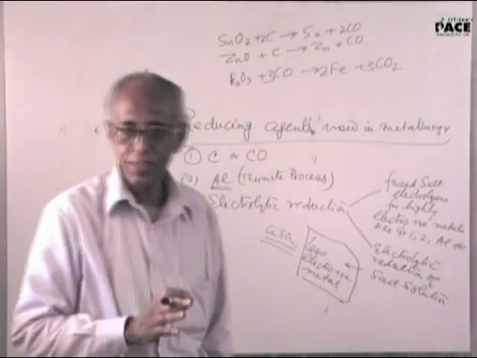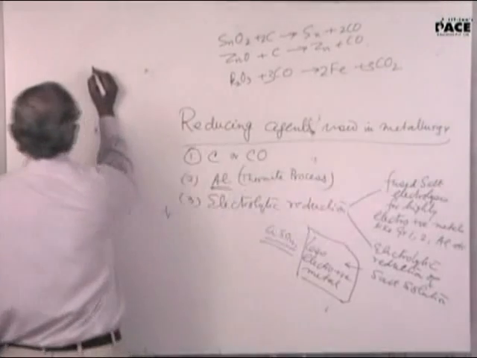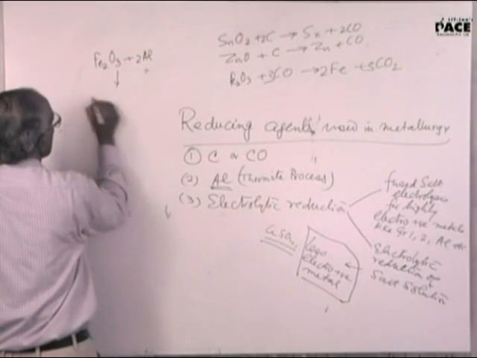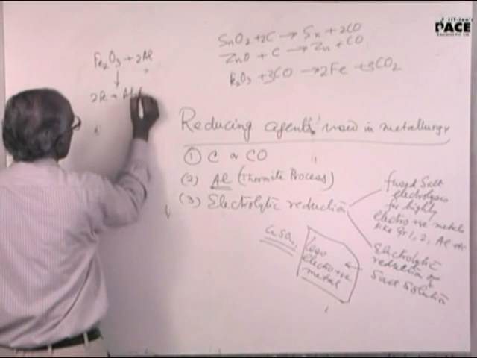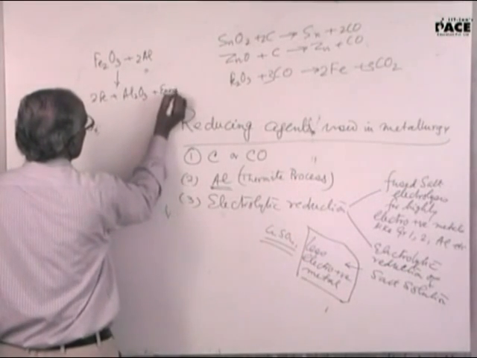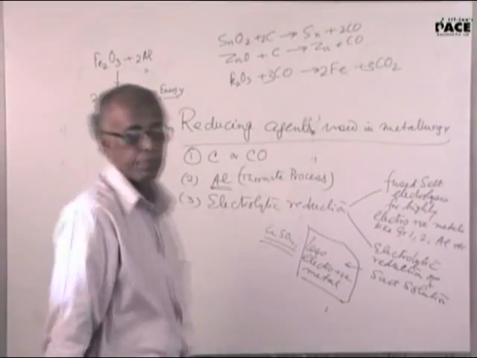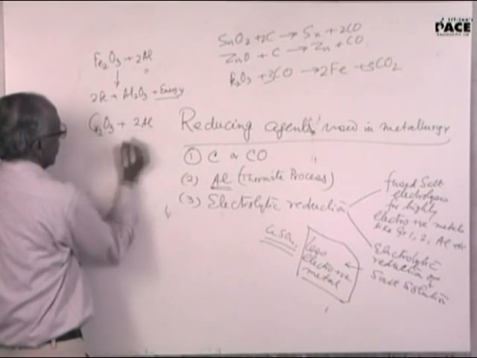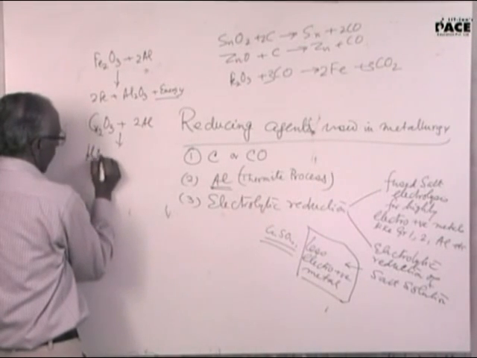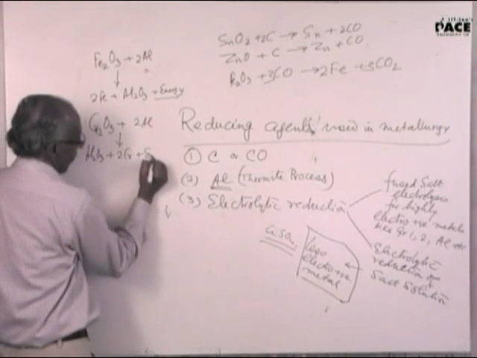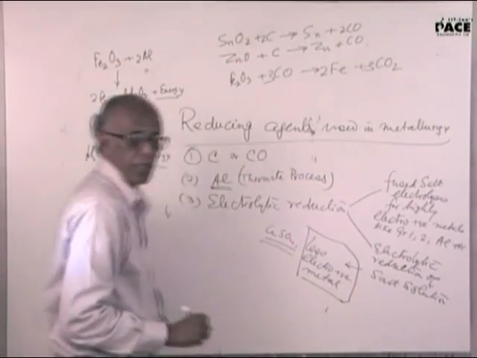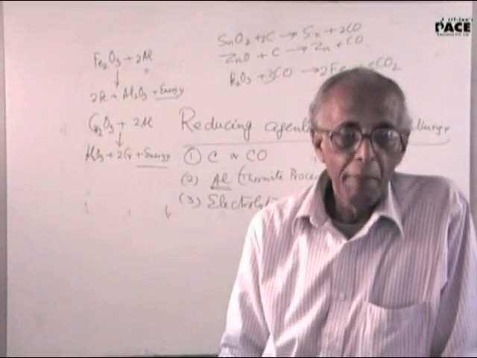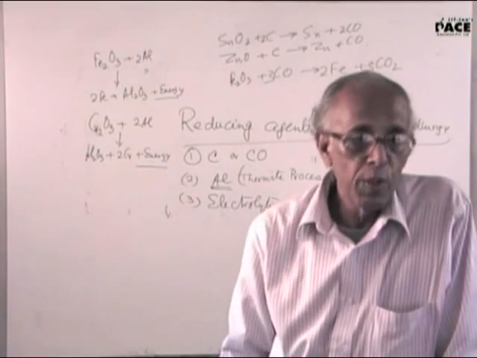Do you know what the thermite process is? The reduction of ferric oxide or chromic oxide by aluminium is known as the thermite process.